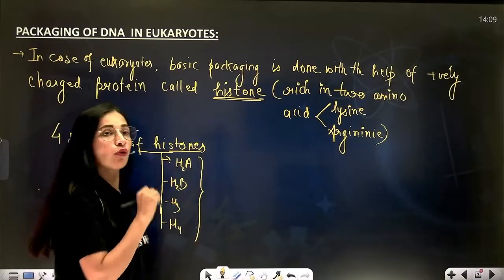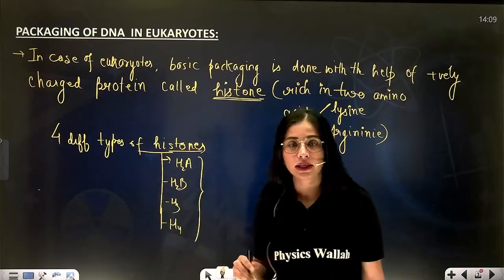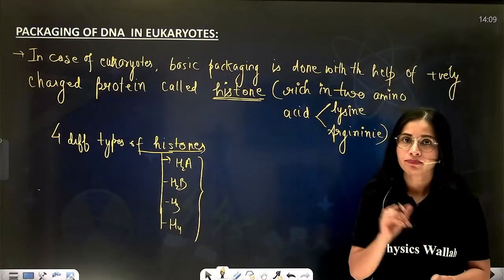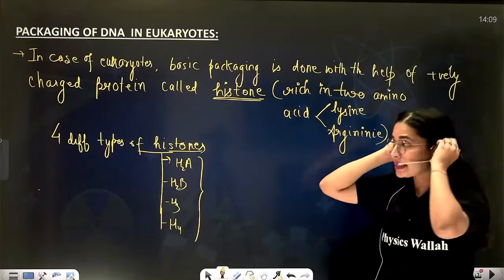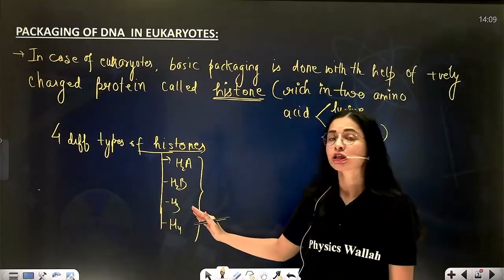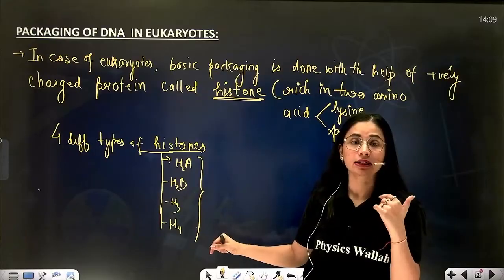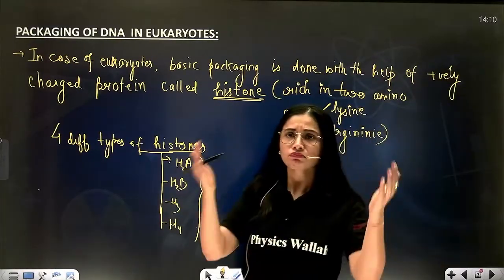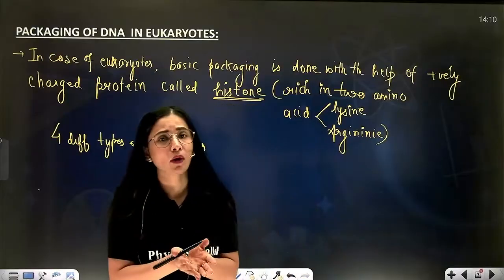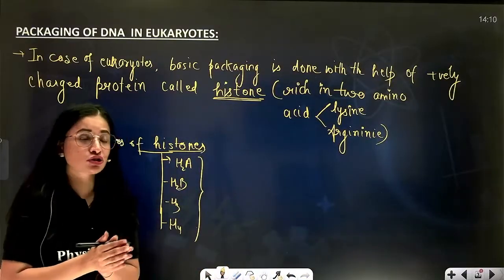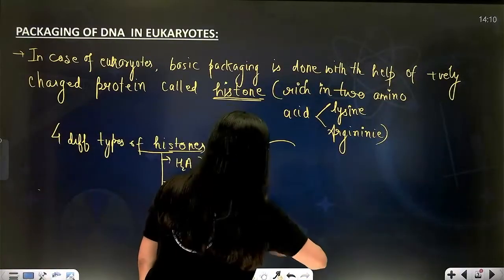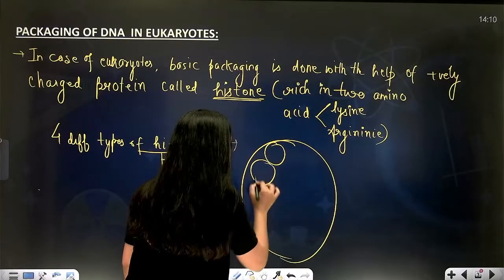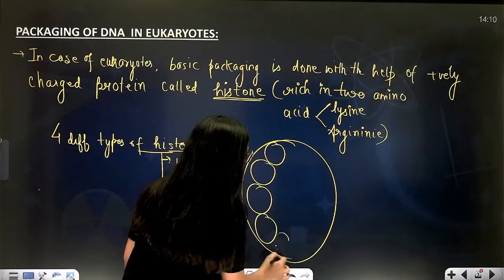Now these are 4 different types of histone proteins which are utilized for the packaging of DNA. Now see what happens. Each histone protein in its double copy forms an octamer. They form a spherical ball-like structure called histone octamer. So the first step in DNA packaging is formation of histone octamer.